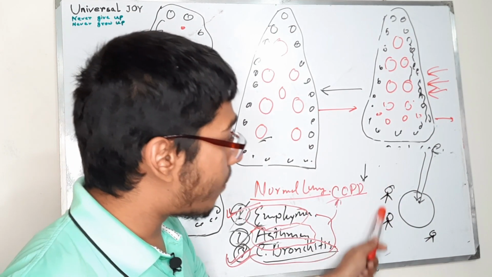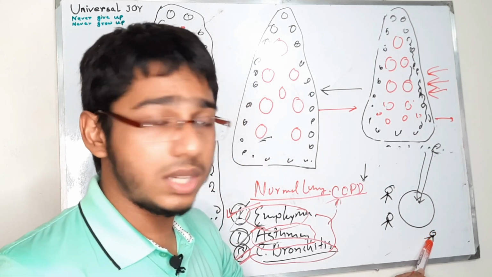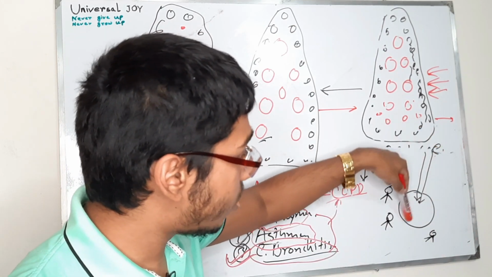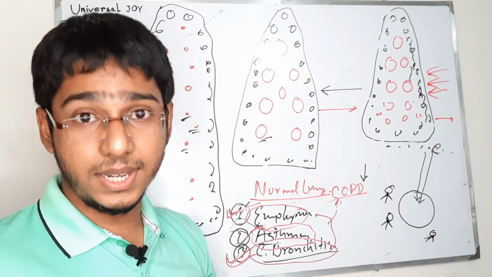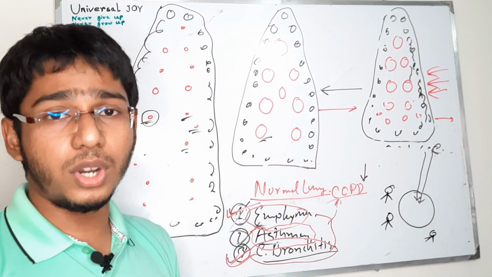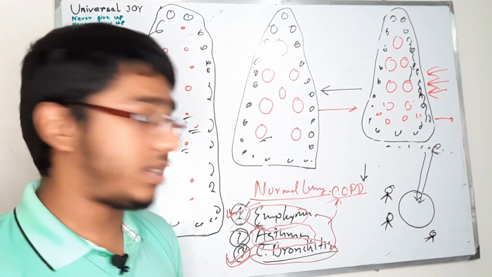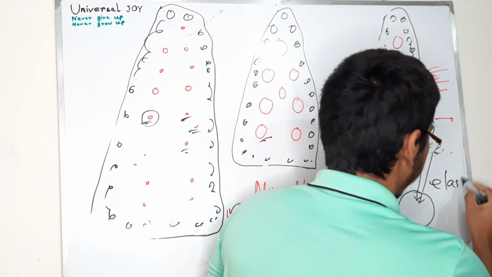And when they do, they spill out some of their proteolytic enzymes, and one of their proteolytic enzymes is elastases.